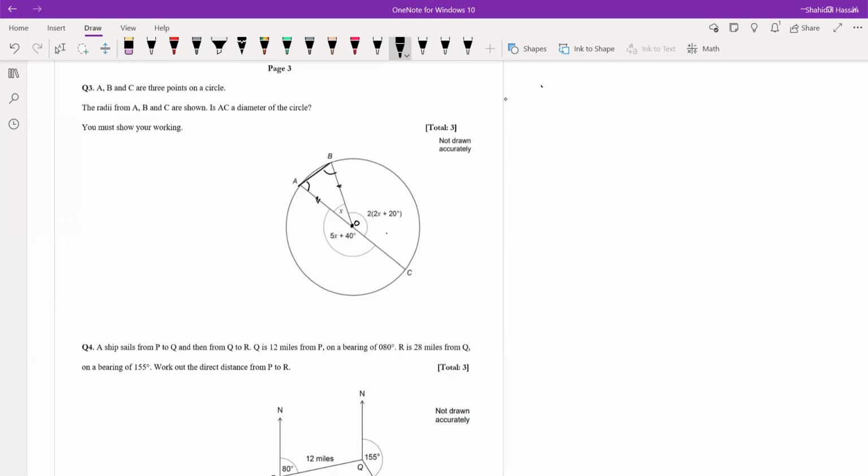Is there any easier idea, sir? How do we find those two angles? Yeah, that's the question.